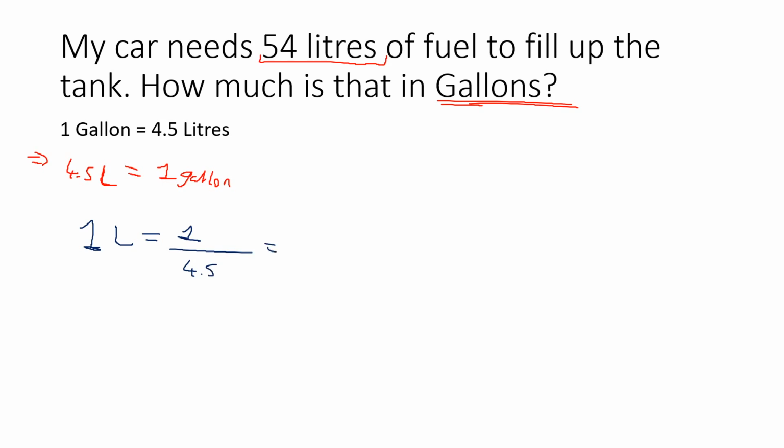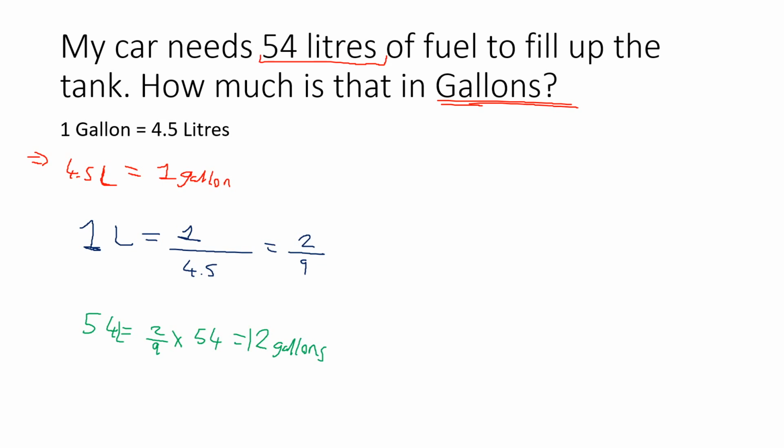Which is just equal to 2 over 9. I'm just going to leave it in fractions just because it's a long decimal. And now we know what 1 litre is equal to. How much is 54 litres going to be equal to? Well, 54 litres, that's just equal to 2 over 9 times 54, which is just going to equal 12 gallons.